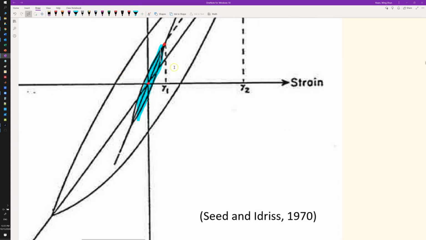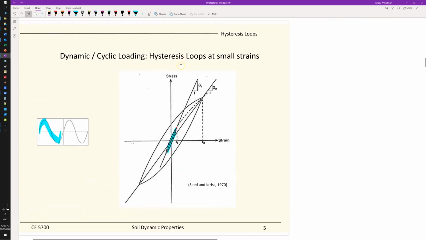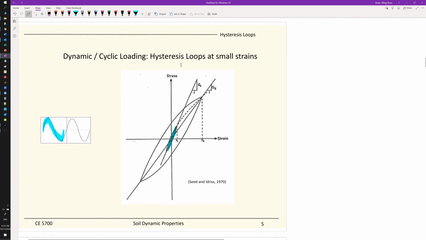Then you get a straight line, and the slope of that line represents the shear modulus. So if this is the first one, this will be the Gmax, for your first loading cycle. Then you have the subsequent loading cycle. For example, here, this is your second loading cycle, and this is your second loop.